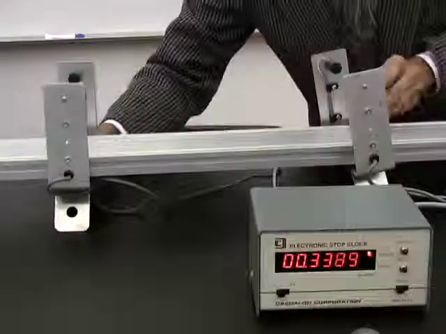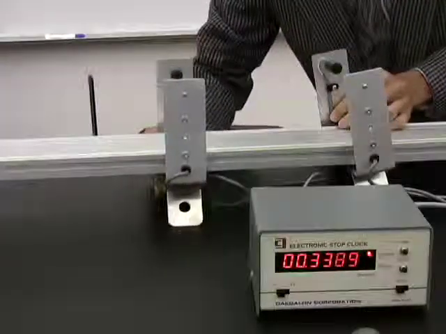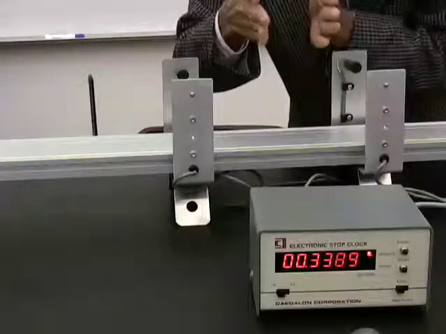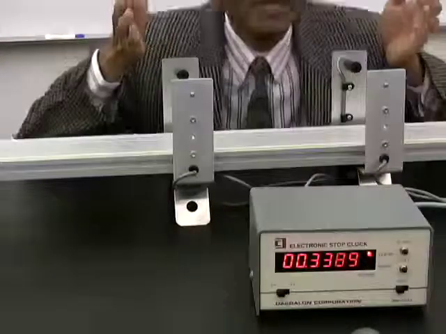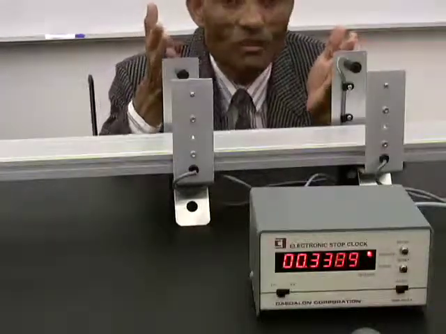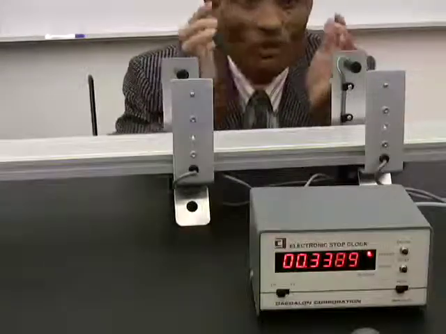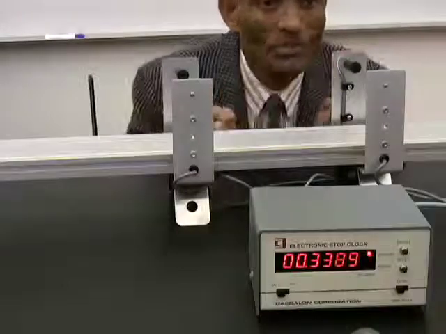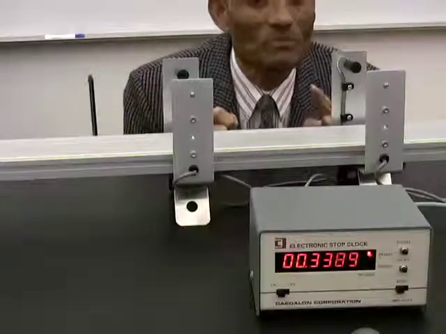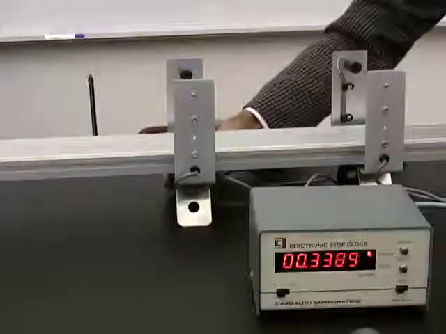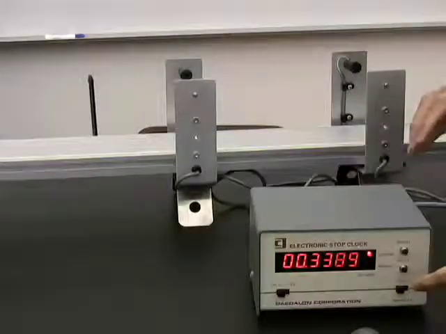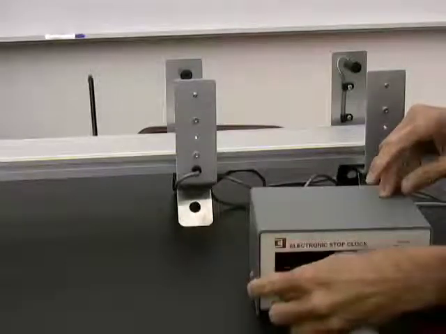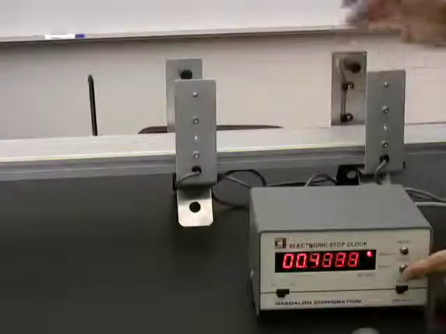I'm going to now bring the gates closer. What happens when the gates are brought closer? I'm reducing the time interval. Remember the concept of how the average velocity becomes the instantaneous velocity. Bring the 2 points as close as possible so that delta t becomes 0. I'm bringing the gates closer, and I'm going to reset it. Let's test it.